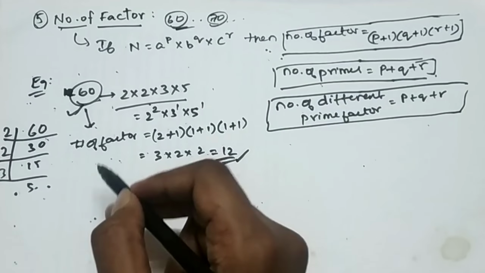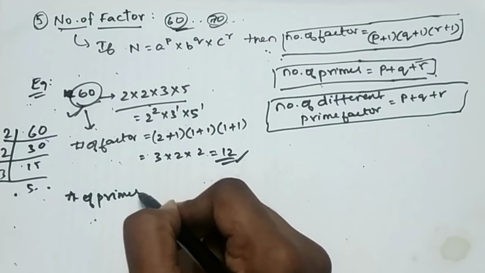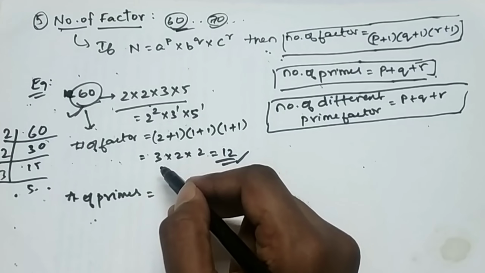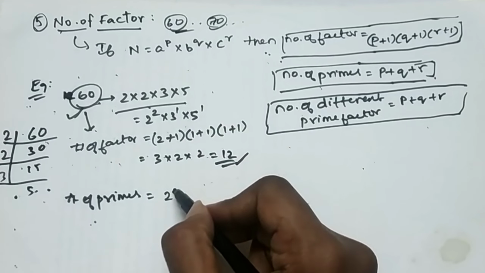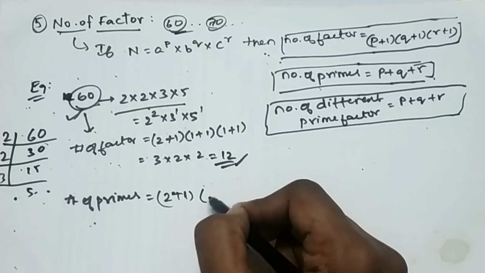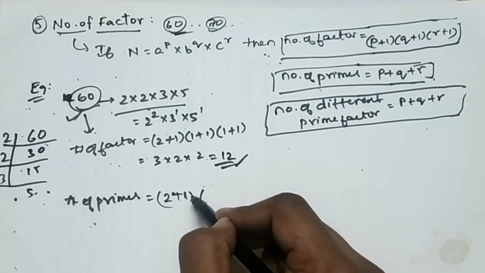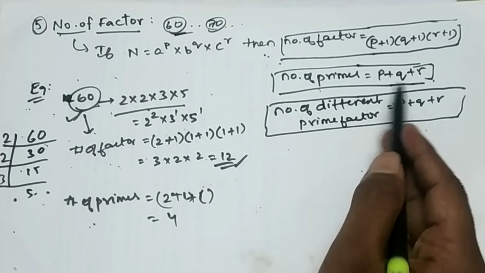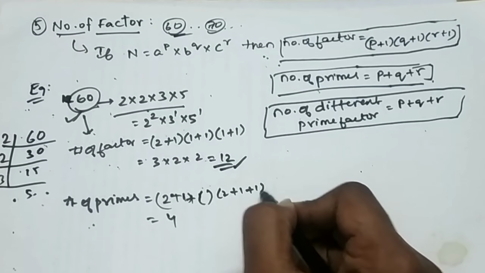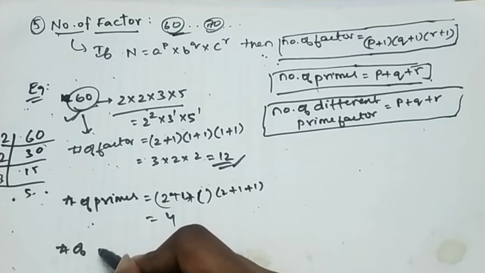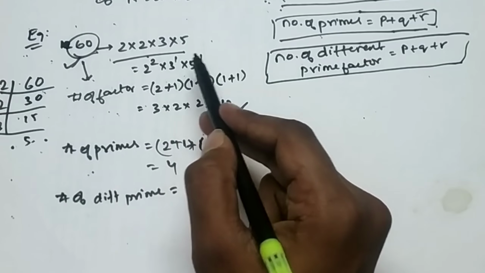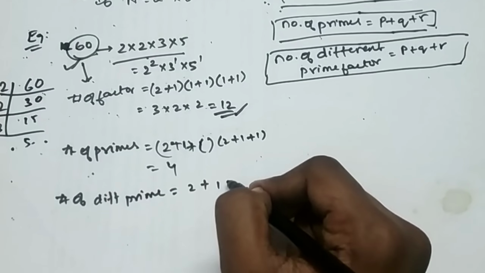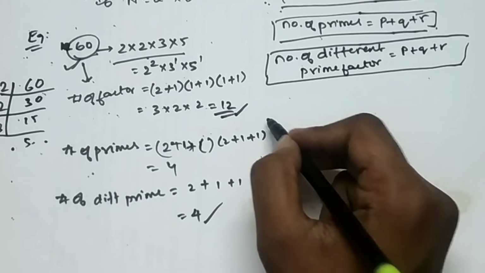So the number of factors will be 12. For the number of primes, we add the powers: 2 + 1 + 1 will be 4. And for the number of different primes, there are 3, namely 2, 3 and 5.